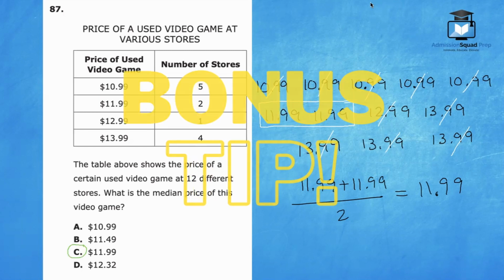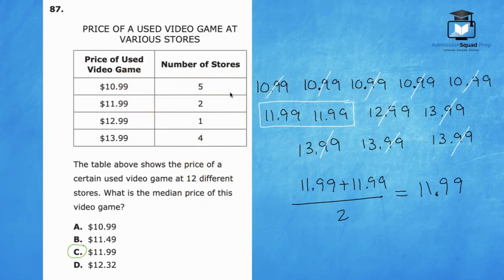Now, technically, you did not have to write out the numbers to get the answer. If we have 12 points in the data set, we know that right in the middle is going to be 6 and 7. So you just need to count from the beginning or the end to find the number that's in the 6th and 7th position. So right here, we have 1, 2, 3, 4, 5. The 6th and 7th number is going to be these two numbers right here, 1199.